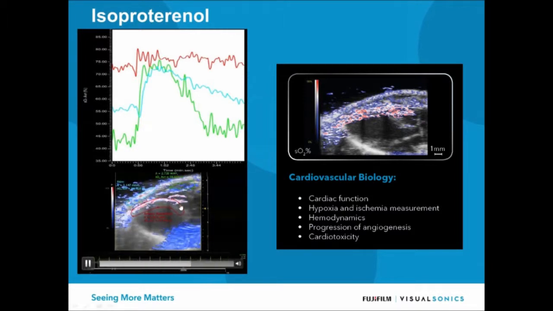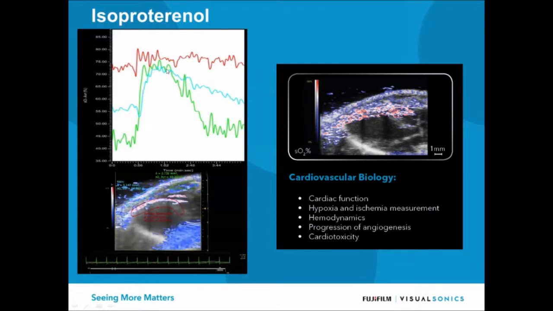There's a red region of interest, I'm not sure how clearly you can see it on your screen, which encompasses the left ventricle, the myocardium. And then you've got other regions, for example the skin over here, and a region in the thoracic area here. So you can see that this vasodilation happens upon isoproterenol injection.